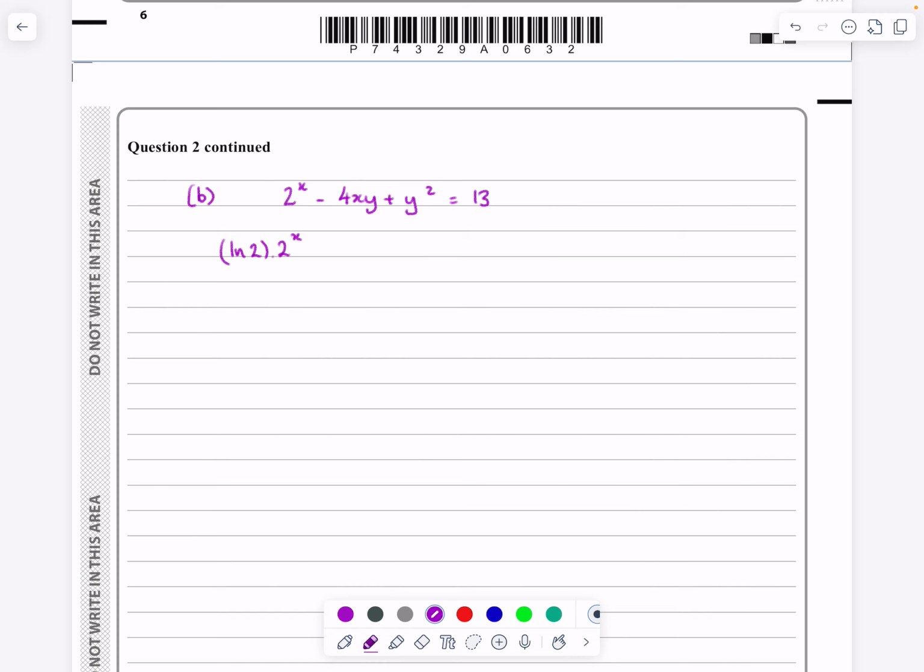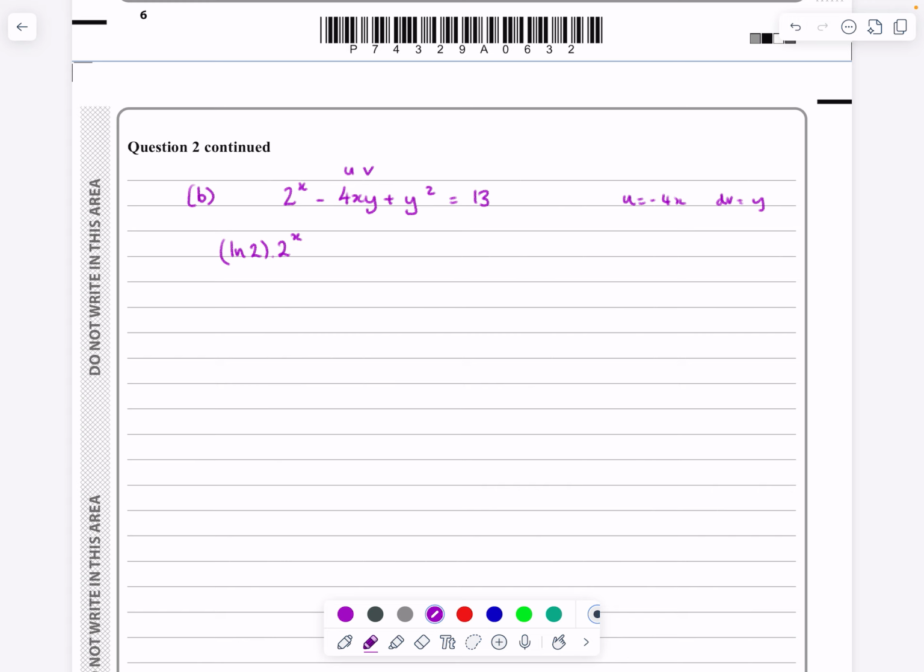So that's key. And then with this second part here now, differentiating minus 4xy, this is a product, u and v. You can, if you want to, go over here and say u is equal to minus 4x and v is equal to y, and then differentiate it a bit slower.